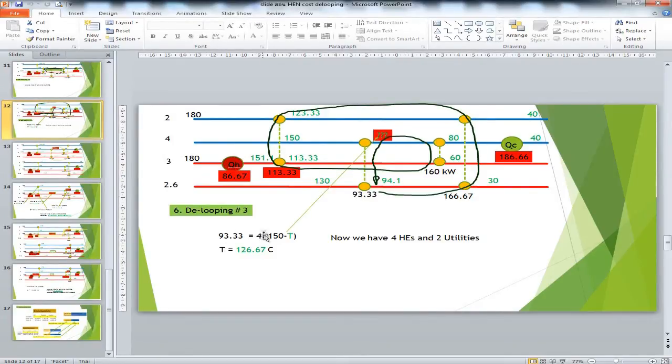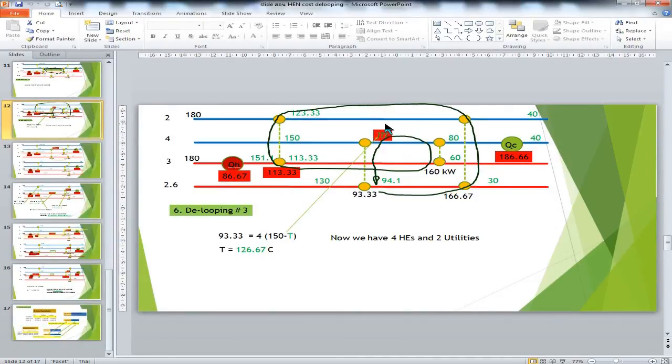93.3 equal to 4 multiplied with the temperature across this heat exchanger. So what I get is 126.67 right here. Alright. Then what we did, checking for the violation of delta T. Looks like they're okay. 150, 130, and what else?